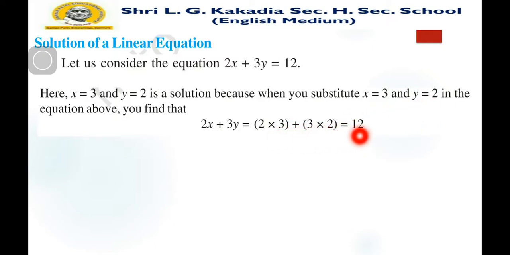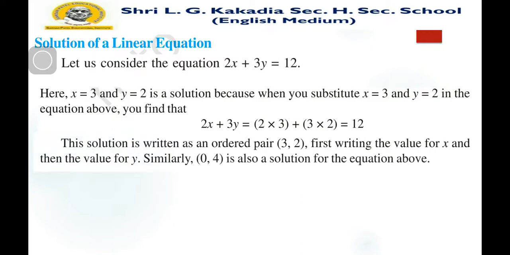Then it is equal to 12. So the RHS and LHS are equal. Then we can say that x and y values 3 and 2 are a solution of the given linear equation. In this way we can find other solutions.